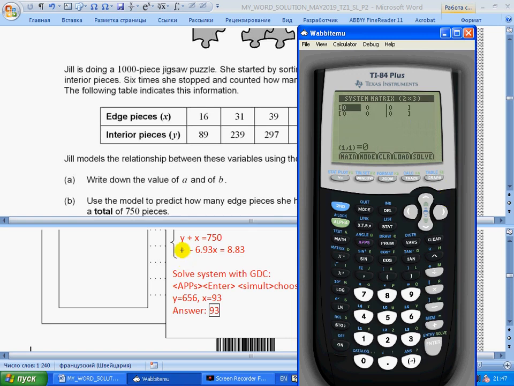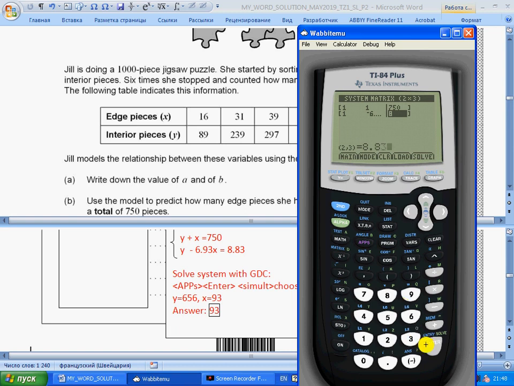Right, so now we put the numbers. 750 first equation, 1, 1; not minus 1, sorry, minus 0.693, and 881.